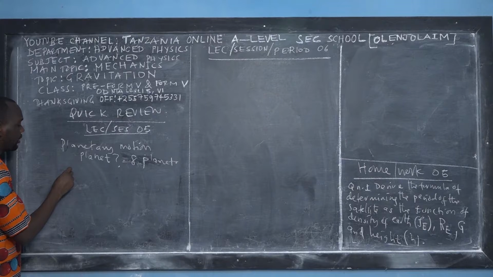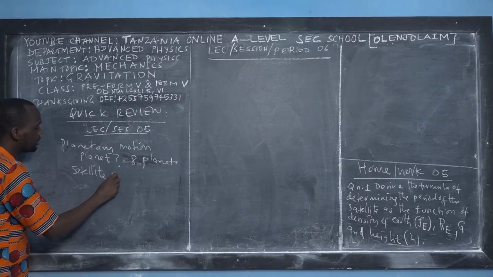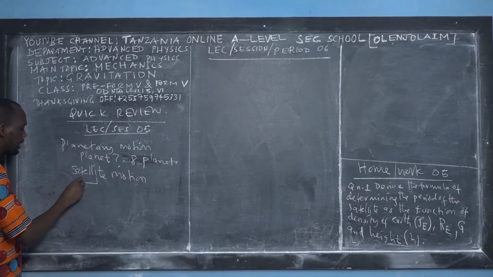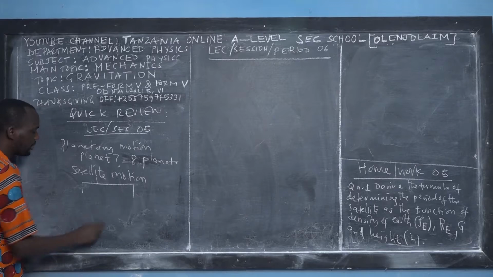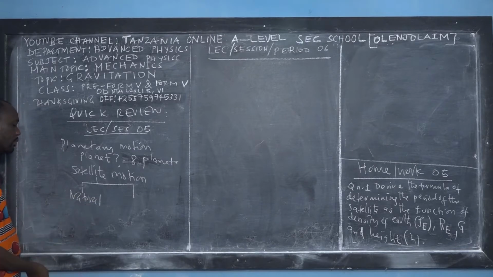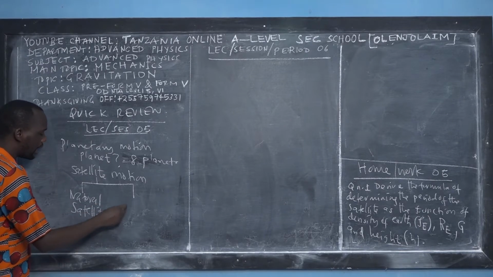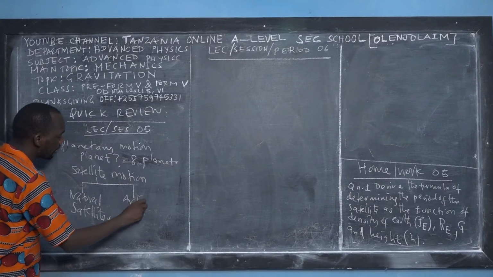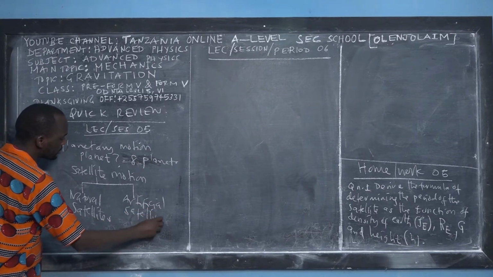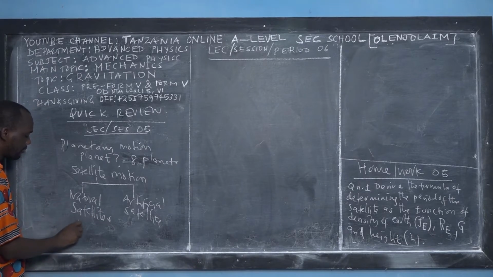But the main concentration was on satellites, which we call satellite motion. In this category of satellite motion, we say that we have two types of satellites. We have natural satellites, which are created by God, and we also have artificial satellites. Examples of natural satellites: for the planet Earth, we have the moon.